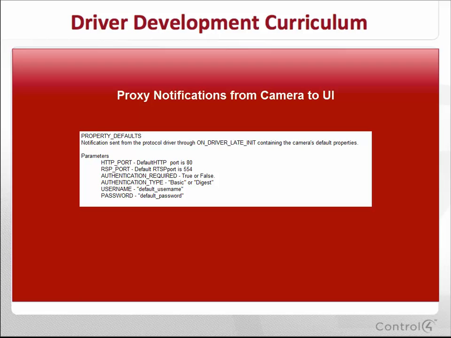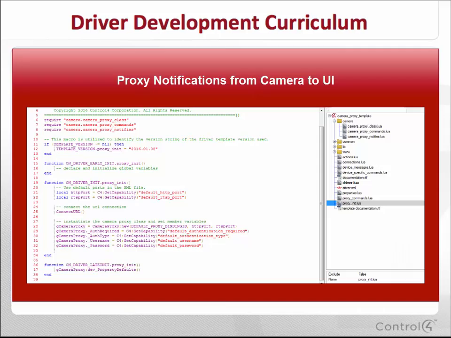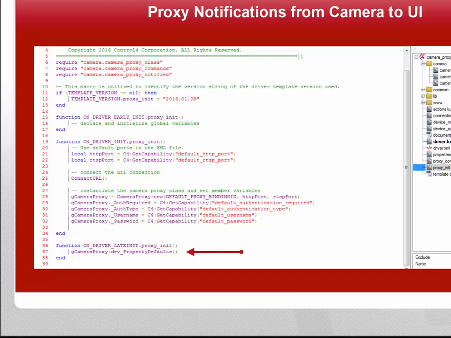If we look at the documentation again, we can see that this notification is sent through the onDriverLateInit command. Let's look at that command in the proxy init.lua file. At the bottom of the file, we can see onDriverLateInit, as mentioned in the documentation, where it calls property defaults.